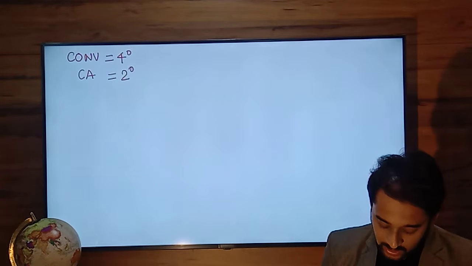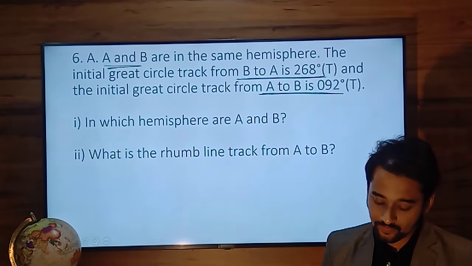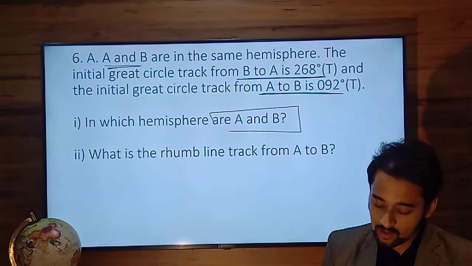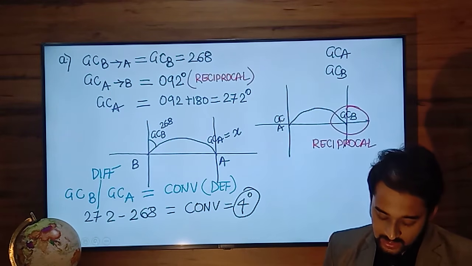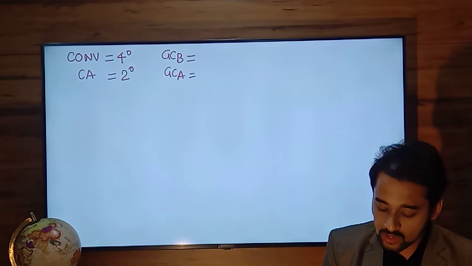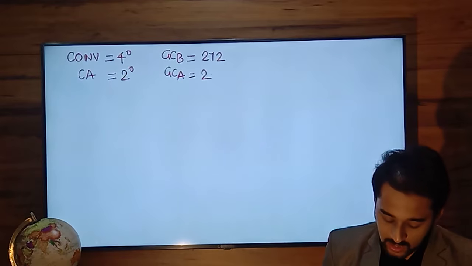Now let's plot the diagram. Now in which hemisphere are A and B? Now look at this. Great circle at B is how much? Great circle at A is how much? So it is 272, 268, sorry.